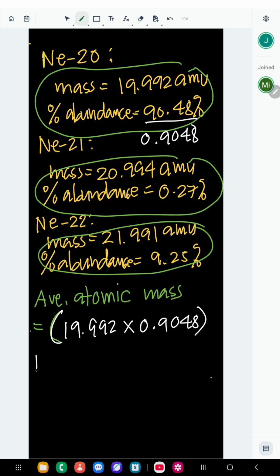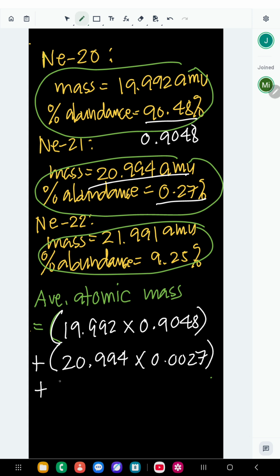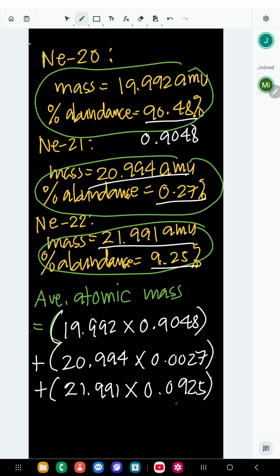Then plus this one, 20.994 times, you convert that one to decimal, 0.0027. Then the next one is neon 22, so that is 21.991 times 9.25 divided by 100, 0.0925. Then you use your calculator to solve that.